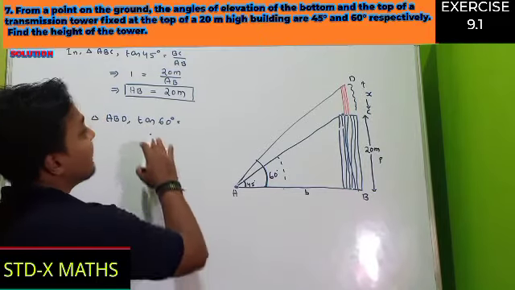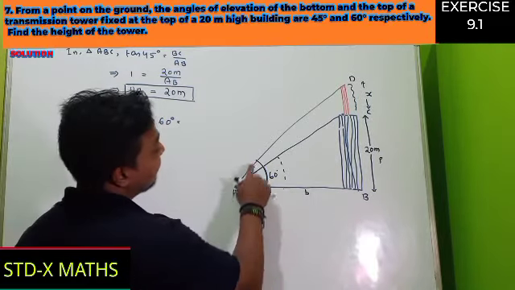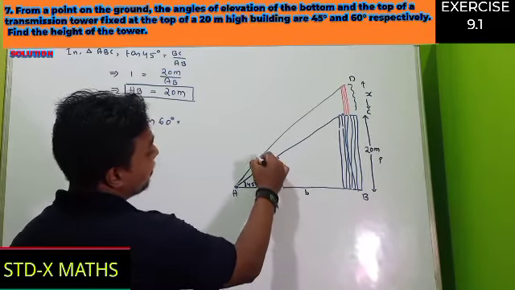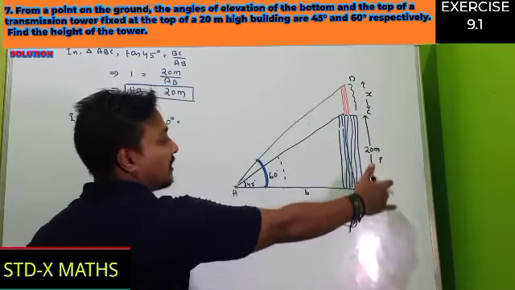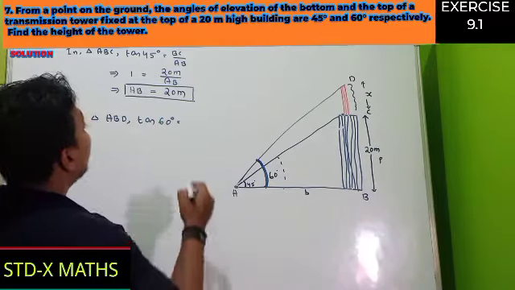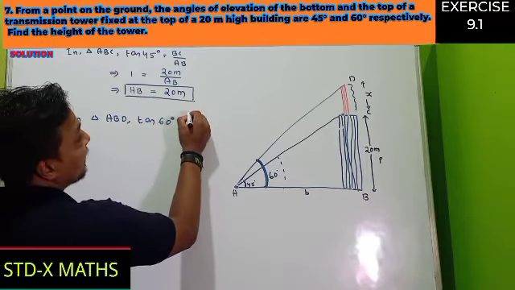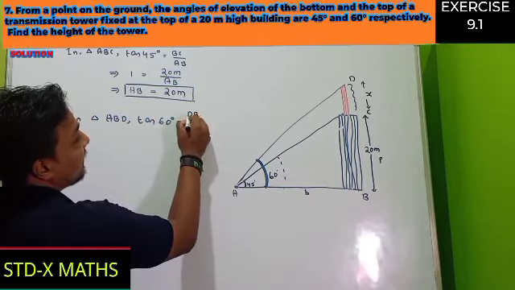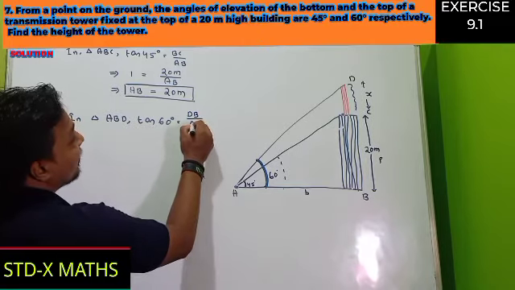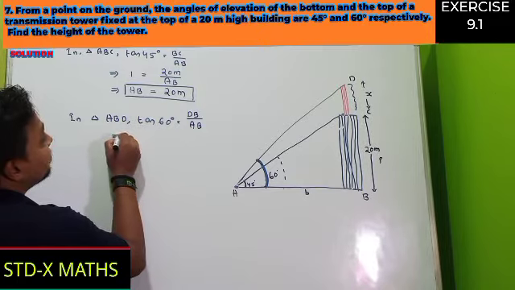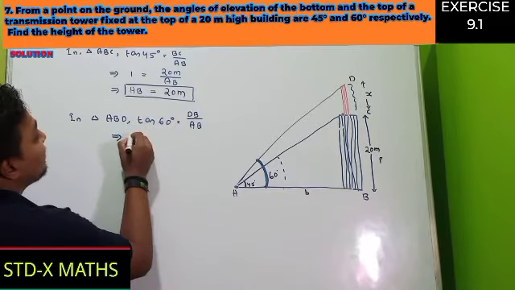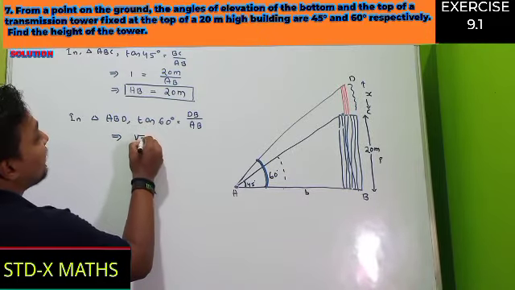Here tan 60 degrees means the total 60. For this larger triangle, this one is the P and this one is the B. So tan 60 degrees equals DB divided by AB, which is root 3.